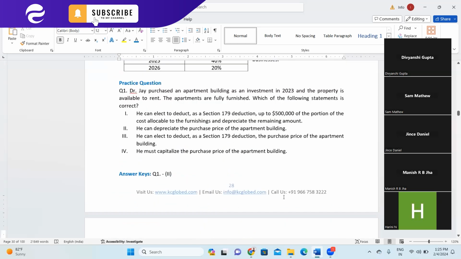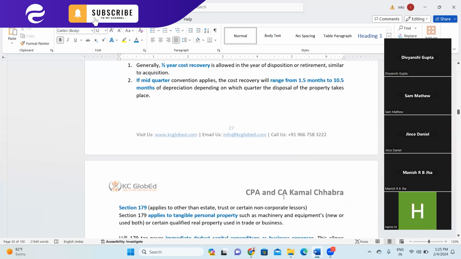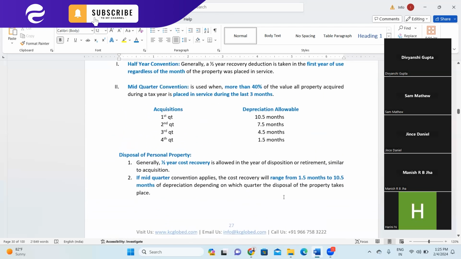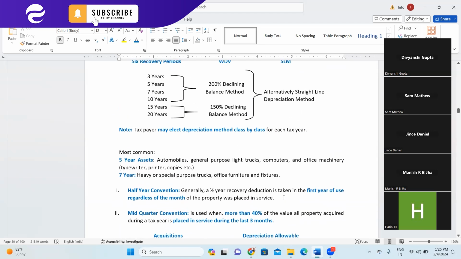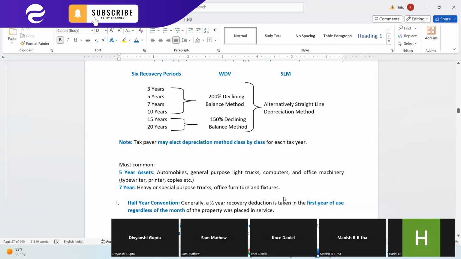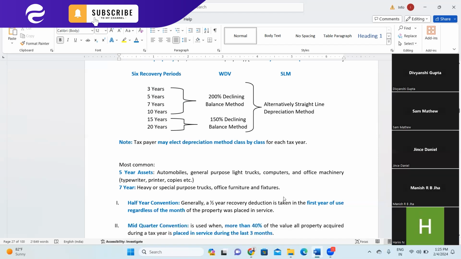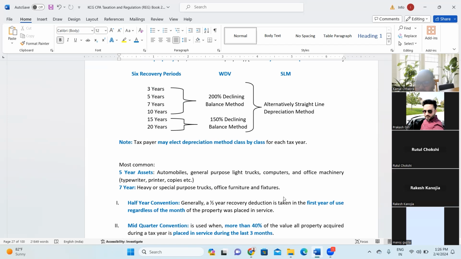So in that case, how will we keep the record of the purchase year and how will we charge the depreciation based on half-yearly or mid-quarter convention, because there will be new car additions and old ones replaced? So for tax purpose, we need to make a schedule for all those things and then apply.